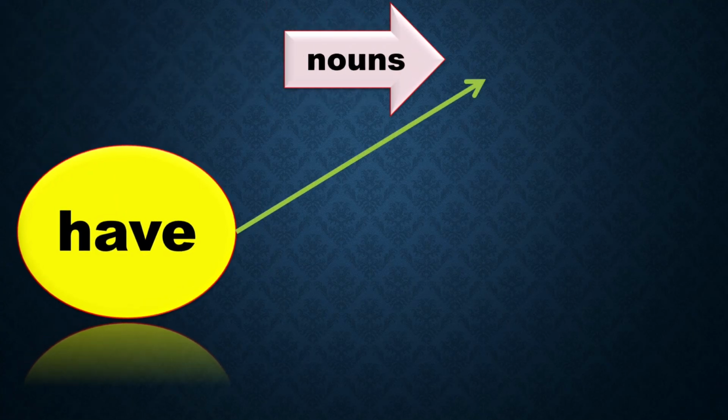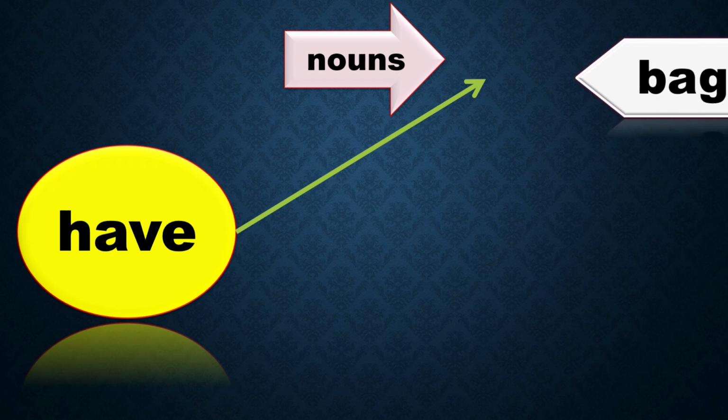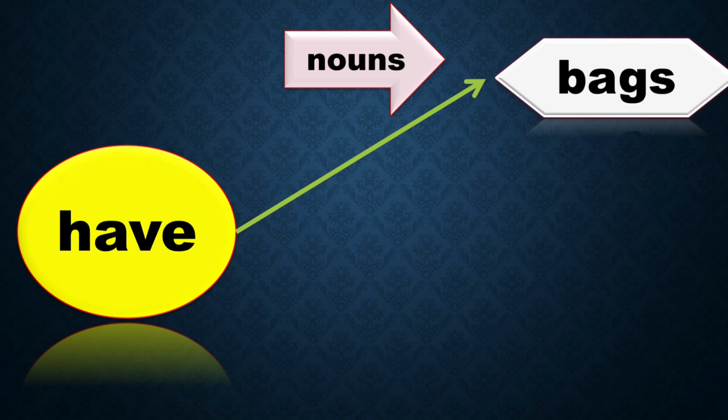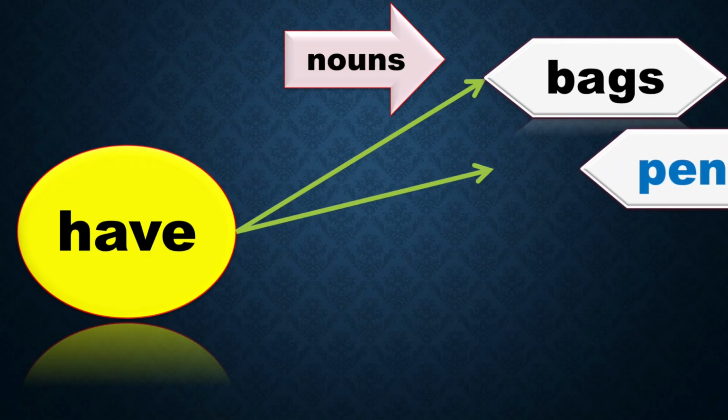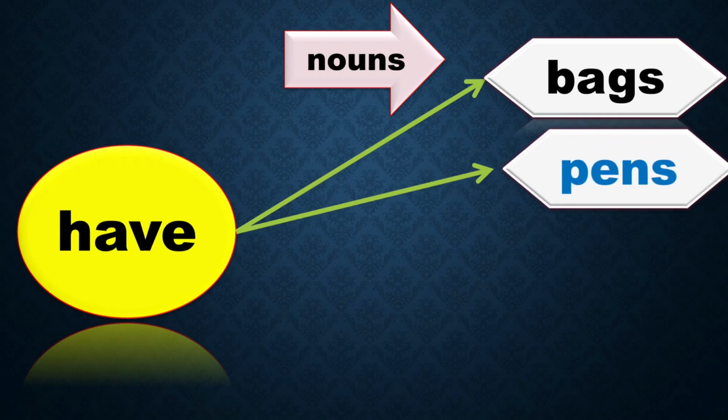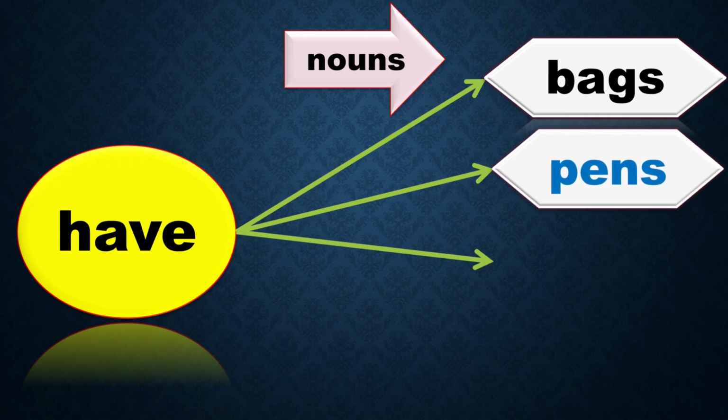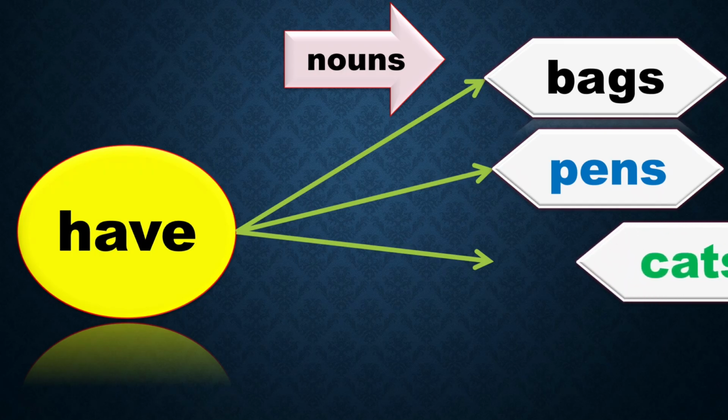Let's see which type of nouns are there. Plural nouns like bags. Second is pens. Third is cats.